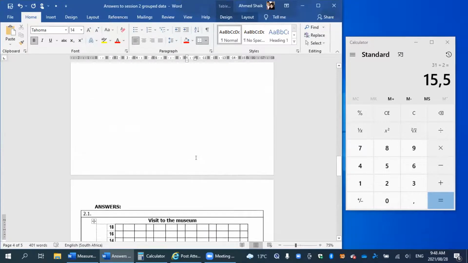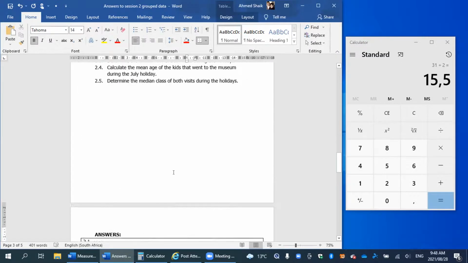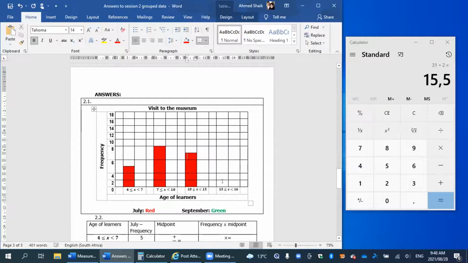And our last frequency, for the interval 13 less than or equal to x, which is less than 16, has a frequency of 10. So let's go and highlight from 0 to 10. We said red for July. Okay, we're done with our July bars.